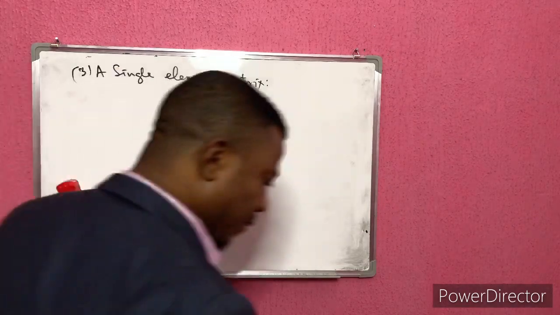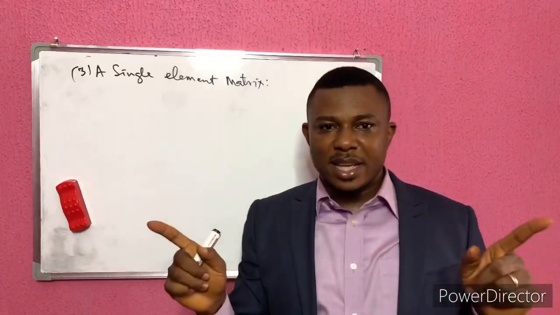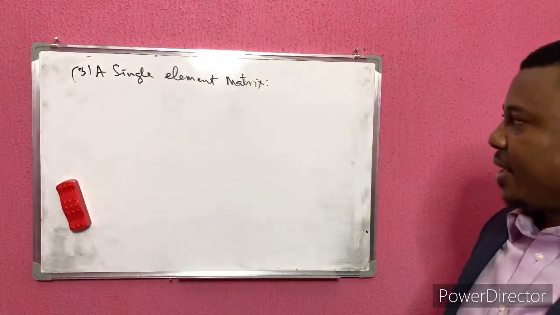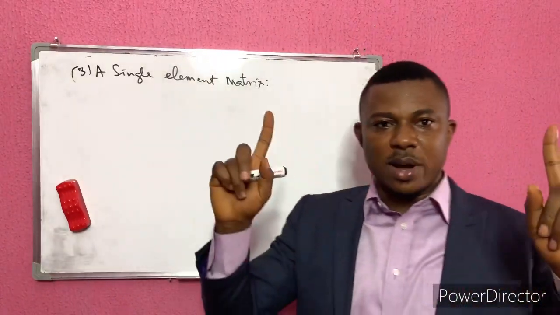If one element is enclosed in a bracket, that is called a single element matrix.